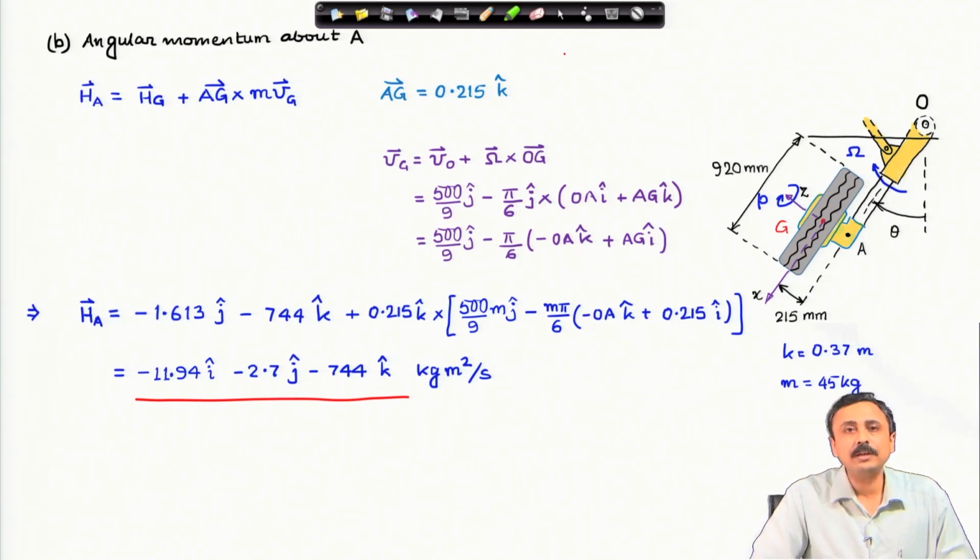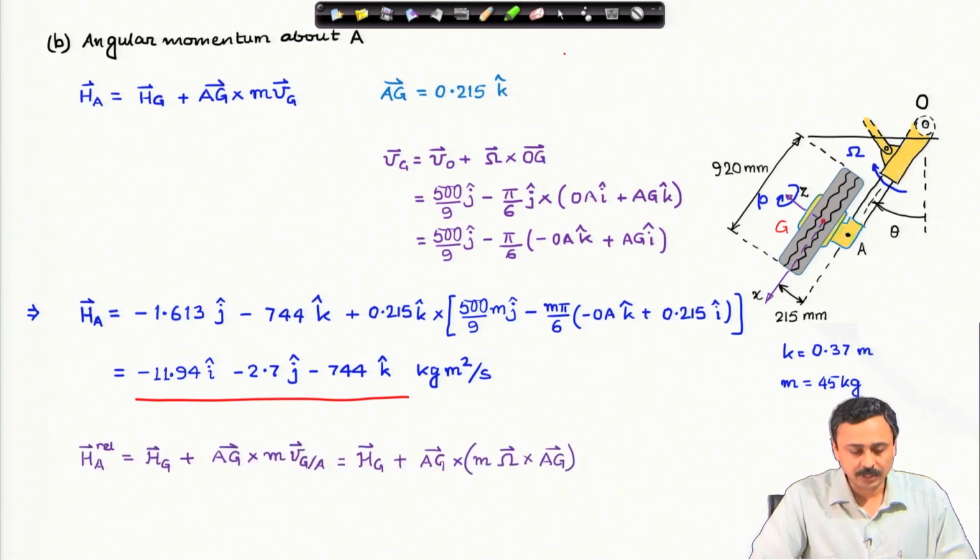Let us try to calculate the relative angular momentum about A. This we have again discussed in our previous lectures.